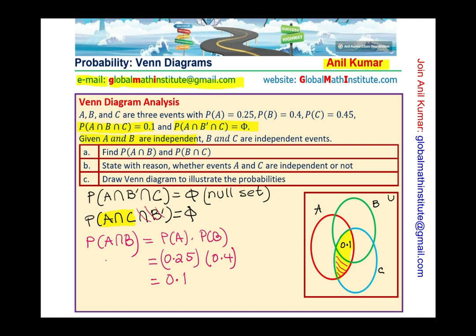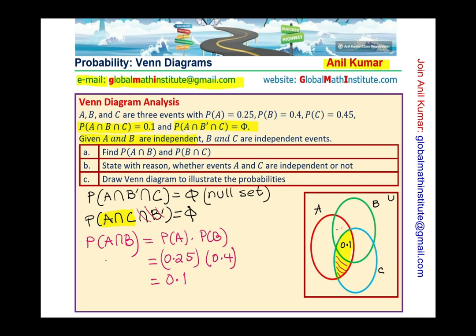So the probability of A intersection B, A intersection B is the region, and since we have 0.1 already, that means this probability is also 0.1, right? Correct? So you see how that really helps us to find the probability in the Venn diagram also, right?